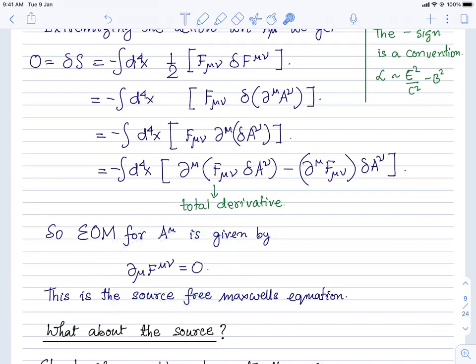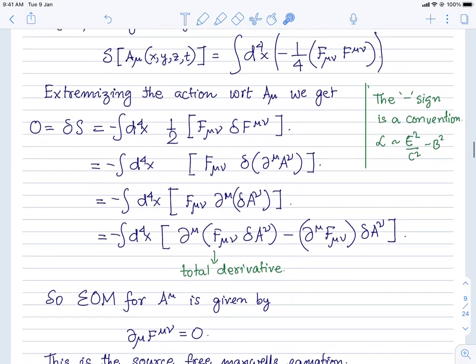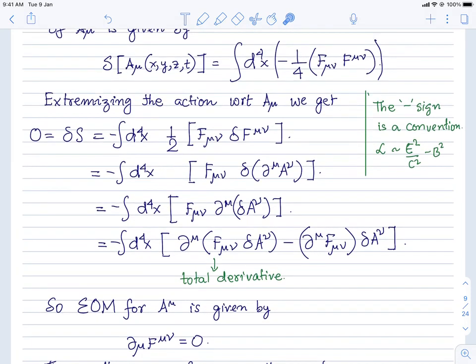Again, I have tried to give you motivation why A mu is the right degree of freedom for this problem. If you want to give a relativistically covariant description of electrodynamics, then you have to talk about this 4-vector potential as the degree of freedom.